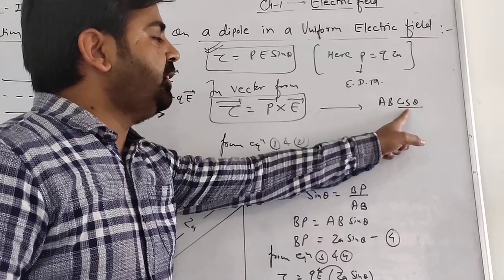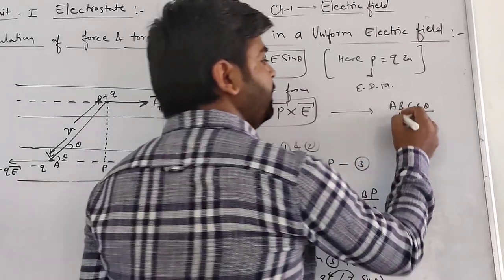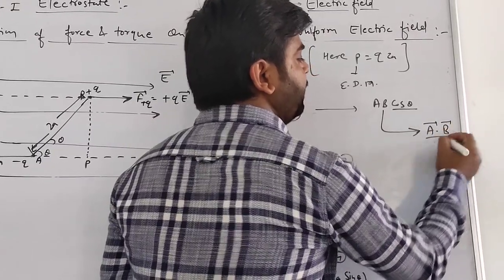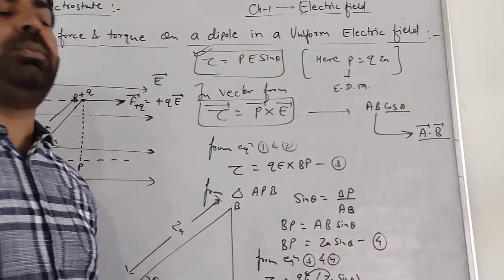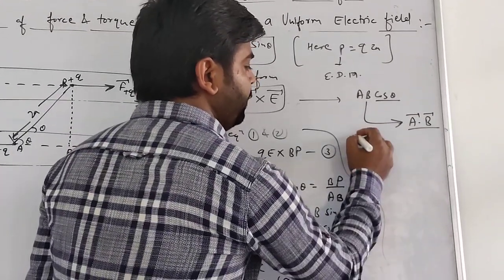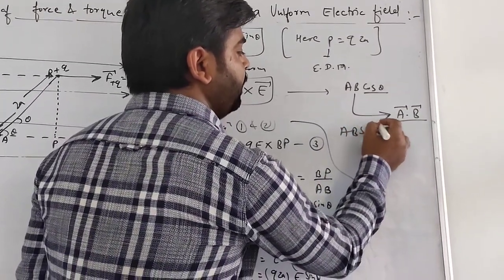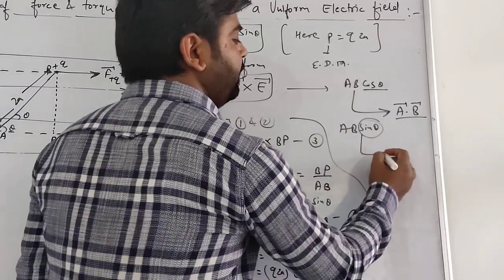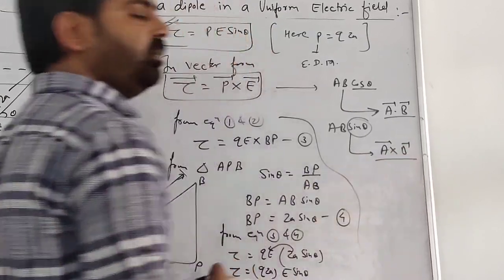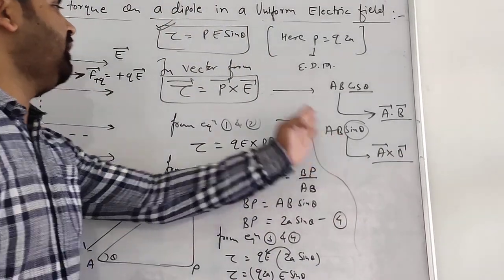If it is denoted by cosine of the angle, then we write A vector dot B vector. It is denoted by dot product. And if we have AB sin theta, the sin theta term denotes the cross product, A vector cross B vector.